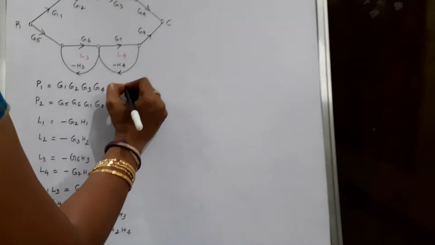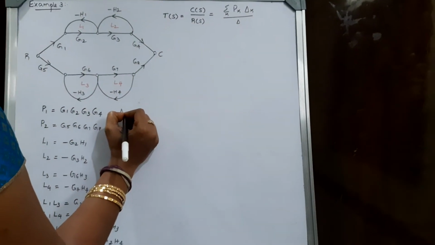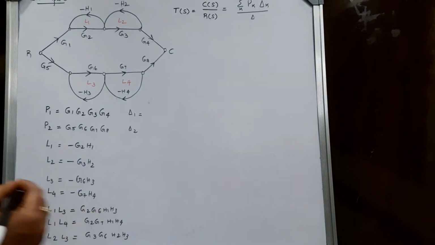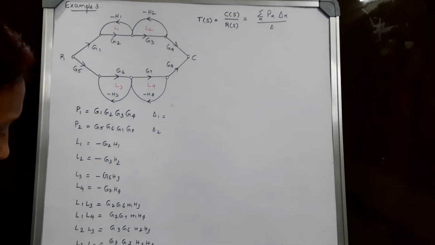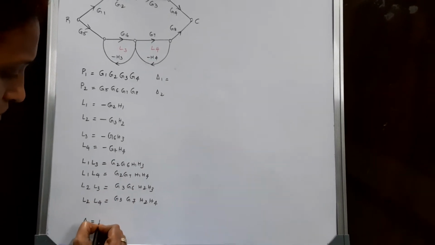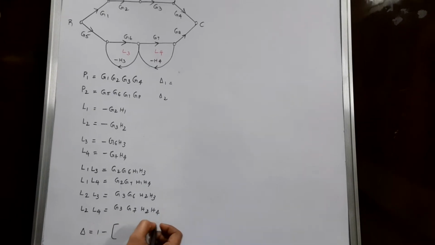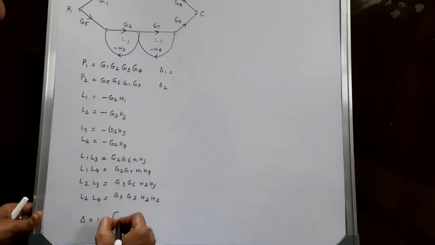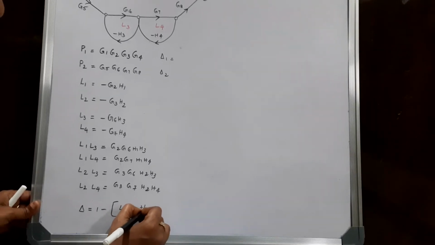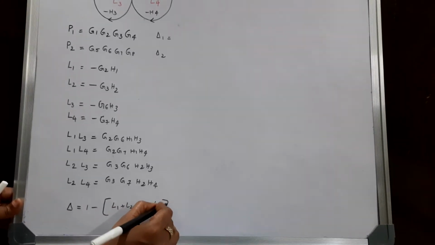Next is to find out delta k, or delta 1 and delta 2. Let's find out delta and then we shall come back to delta 1. So delta is 1 minus summation of loops. Totally we have 4 loops: L1 plus L2 plus L3 plus L4.